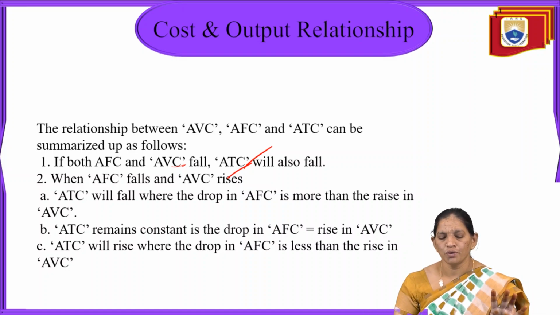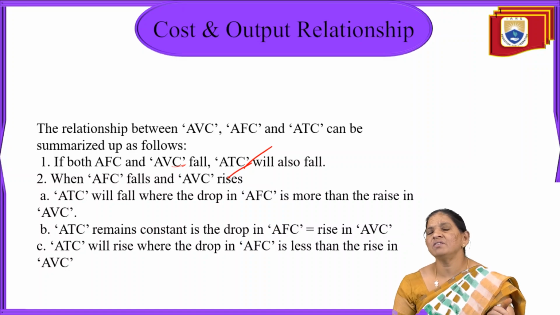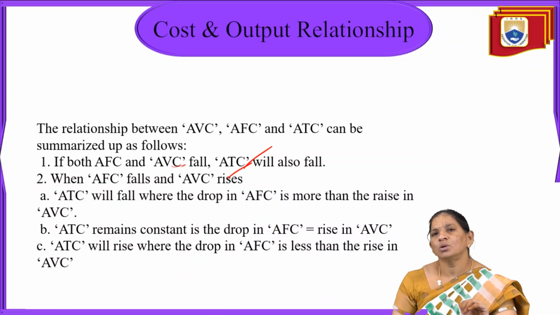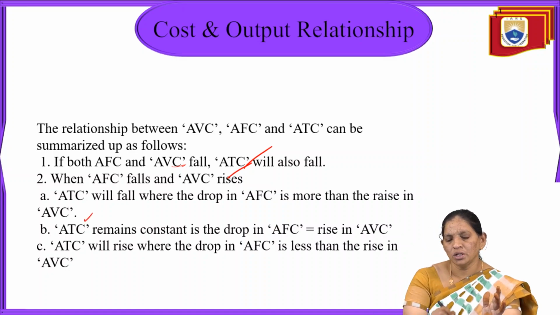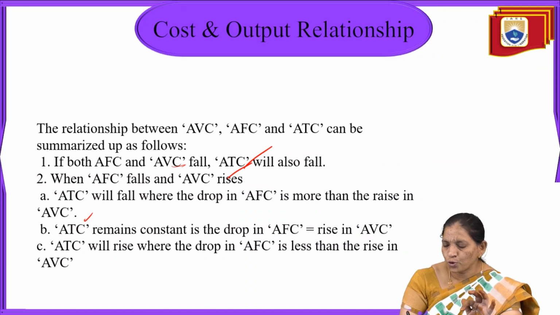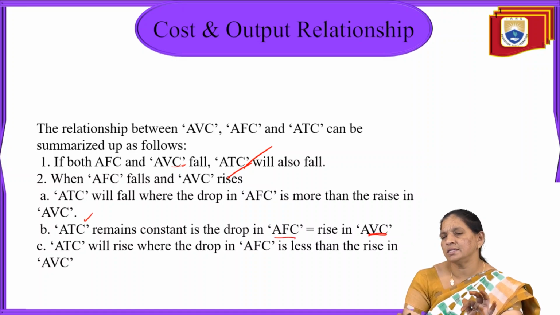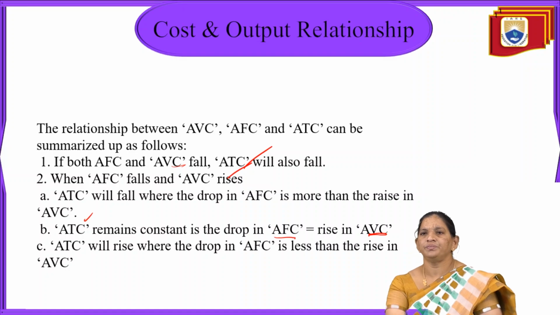Here we can say the total cost is constant when there is a drop in fixed cost and a rise in variable cost.